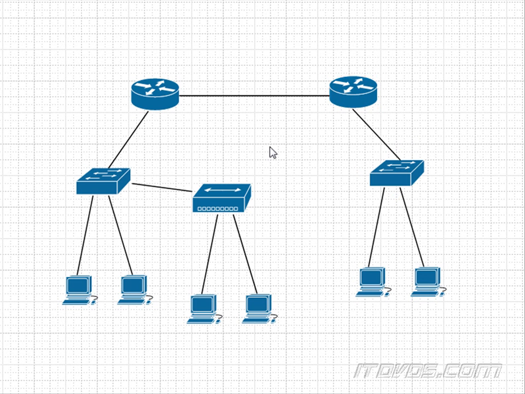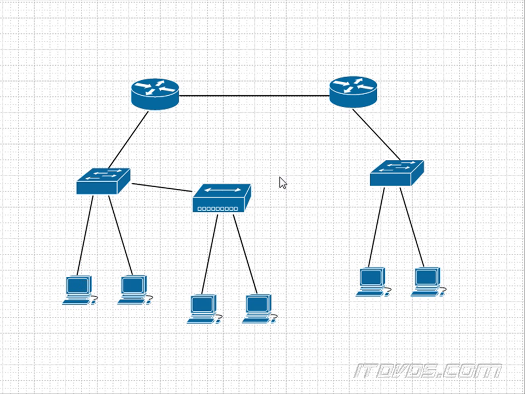So still only 3. So let's say this computer sends a broadcast, whether it be a layer 2 or layer 3 broadcast, it sends it out. Well, this host, and this host is going to get that broadcast because it's going to be sent out to all hosts in our broadcast domain, and our broadcast domain includes this host, this host, this host, and this host.